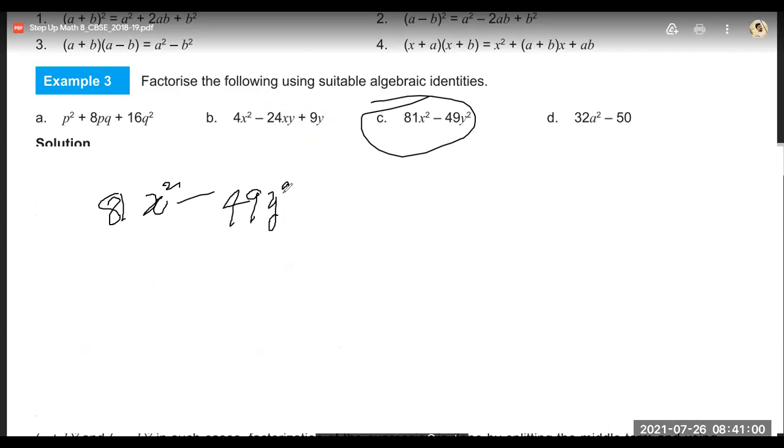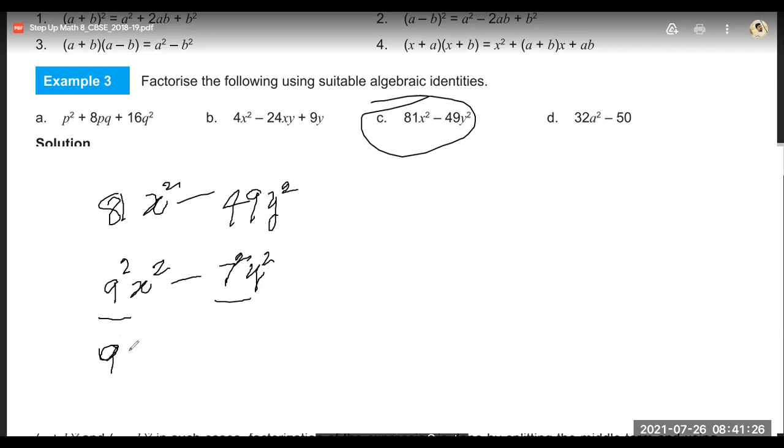Since you already know the tables, the moment you look at these numbers you will know that 81 is the product of 9 nines. So you can write it as 9 square x square, and 49 can be written as 7 square y square. You see that these two terms have the same powers.